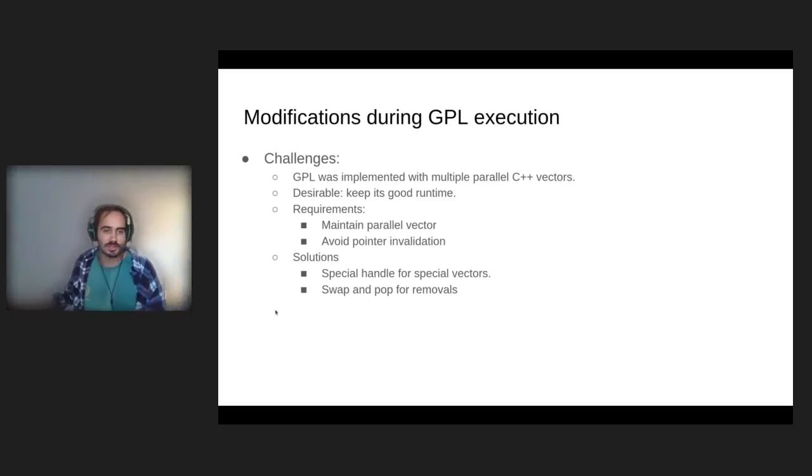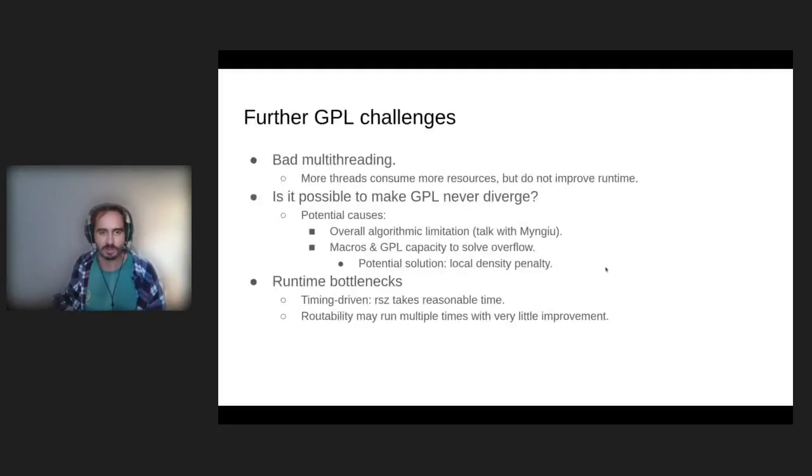Challenges. This is not really important for you guys. The parallel vectors that I mentioned already. Some further challenges: some years ago, we introduced multi-threading to GPL, but it's not good.